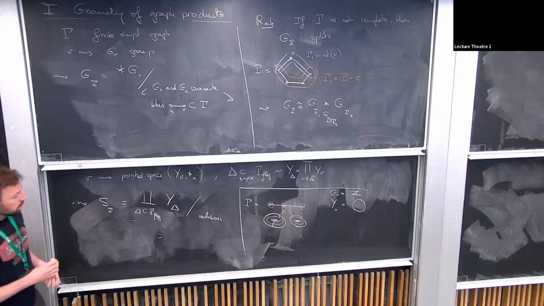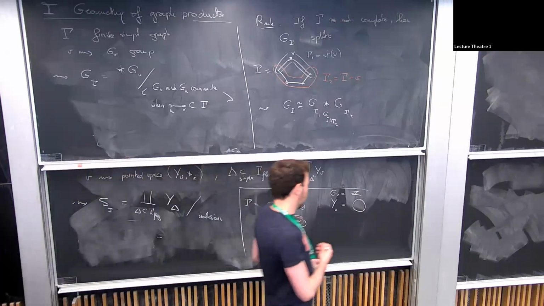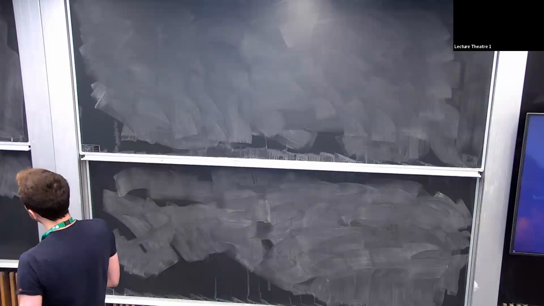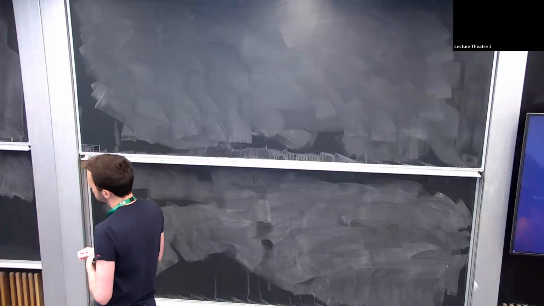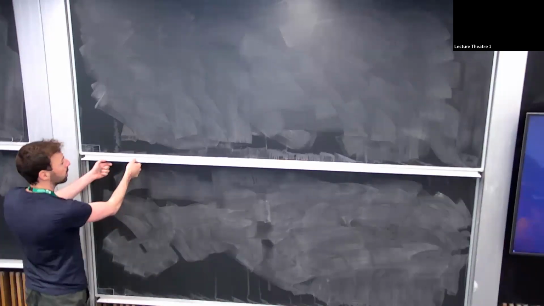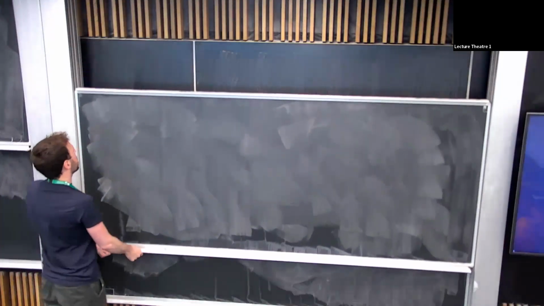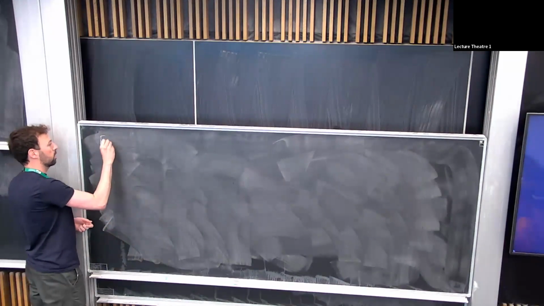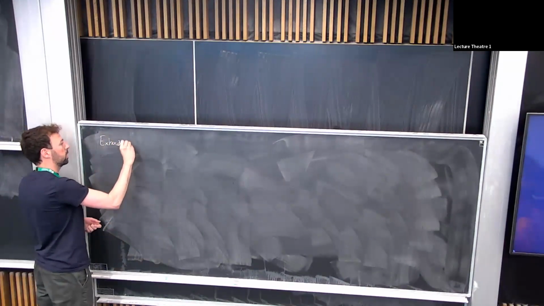I'm going to look at a slightly different, very much related, but slightly different object, which is going to help us make the connection with the buildings that were mentioned this morning. I'm going to look at a sort of extended version, for lack of a better name.